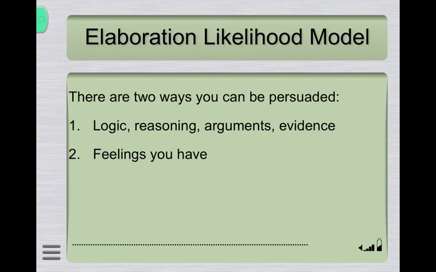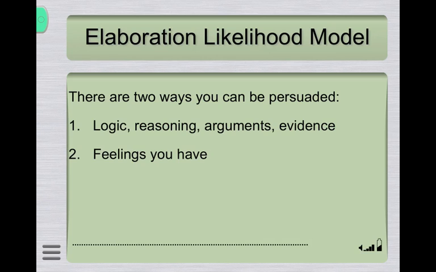Now, if you look at this model and you say, oh, okay, well, that's pretty clear cut. But what this does is give you a formula for success. And that formula for success is don't just focus on the logic, the reasoning, the arguments, and the evidence. Because if you do that and you forget that your audience has feelings and emotions that you can control to a certain extent.